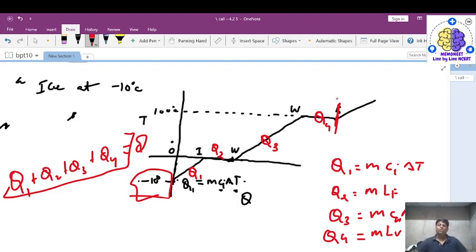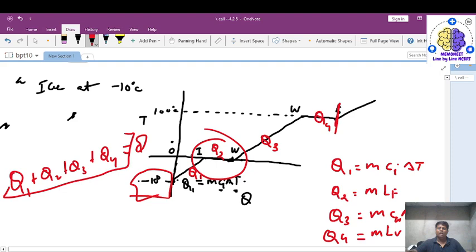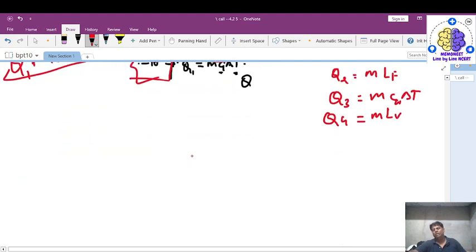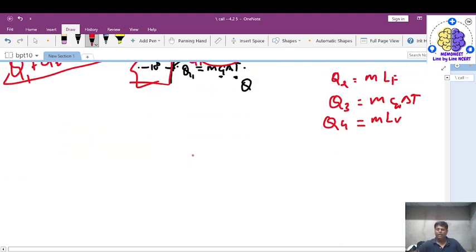So this is how the heat is calculated for a change in temperature and for a change in state.